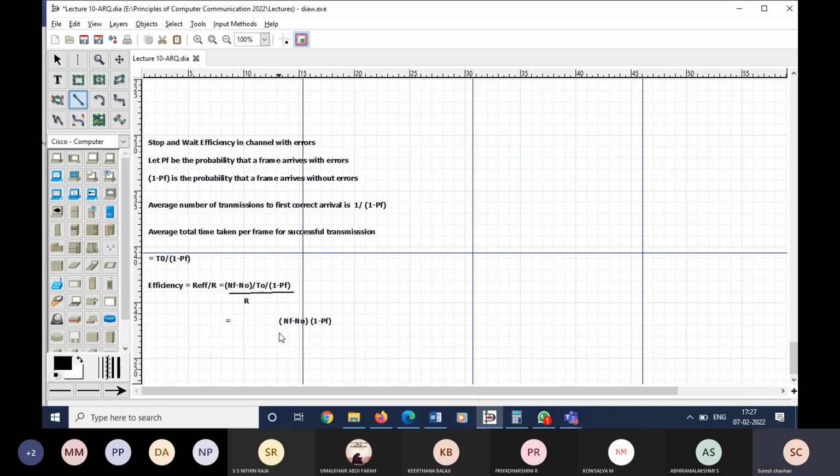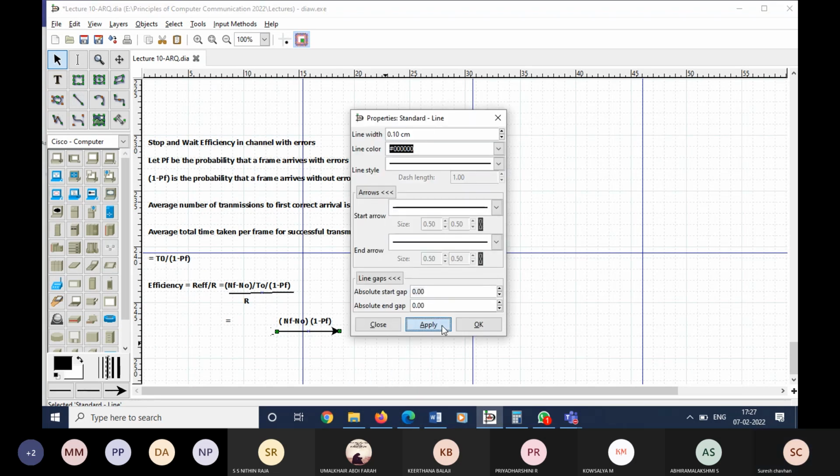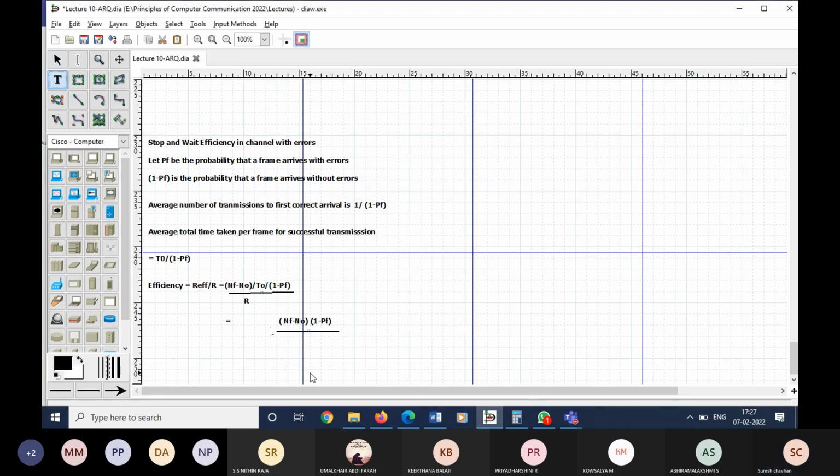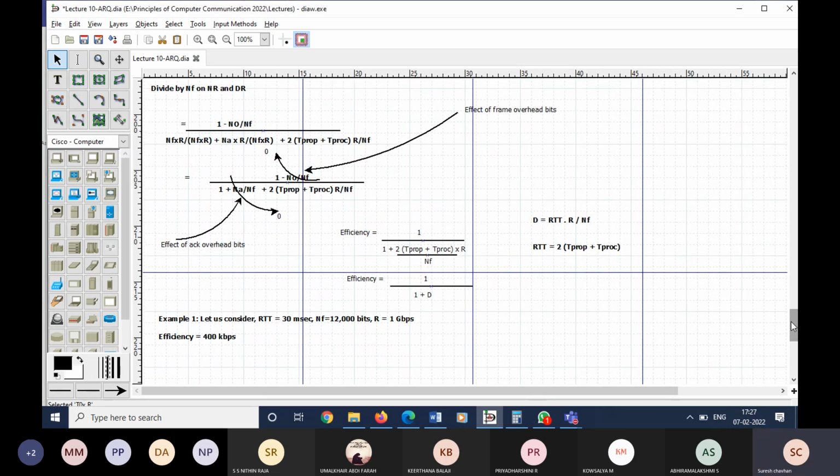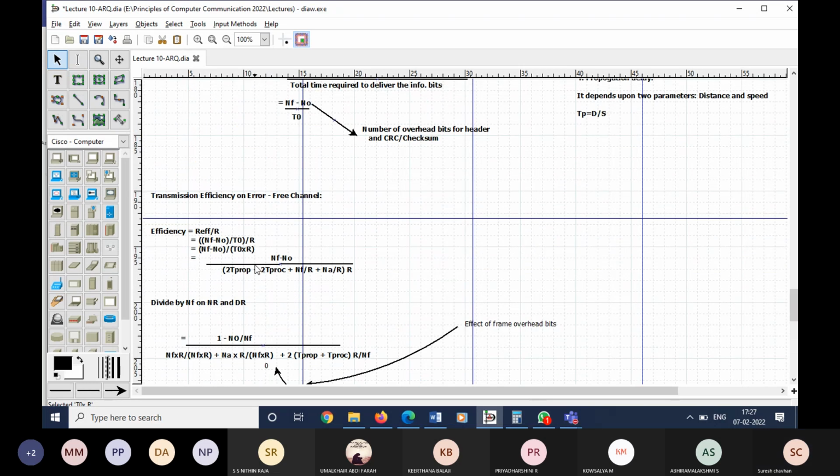Correct? 1 minus PF, whole divided by the same formula, T0 into R. Correct? Again, you can check back here. We got the same, right? NF minus N0 divided by T0 into R. Correct. So same thing we need to put.